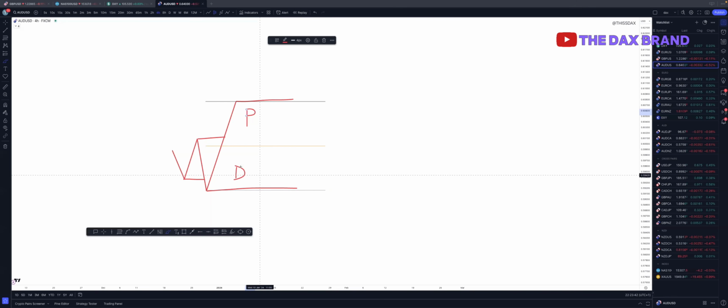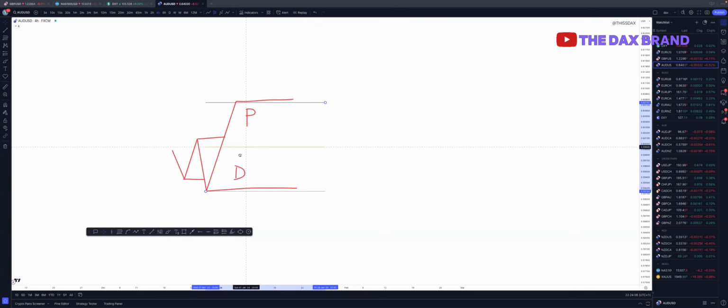Immediately price gets into the discount zone, you start looking for buy opportunities. I hope you are getting it. Now that is the first way I use the equilibrium, the Fibonacci tool.